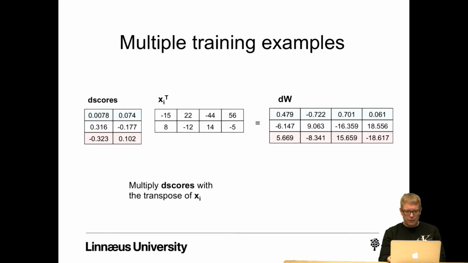And now we have a matrix multiplication instead of a vector multiplication, but it ends up in a matrix of the same size, where we have one value for each weight in the weights matrix, and they correspond to how we should change the weight to move closer to our 2 training examples.